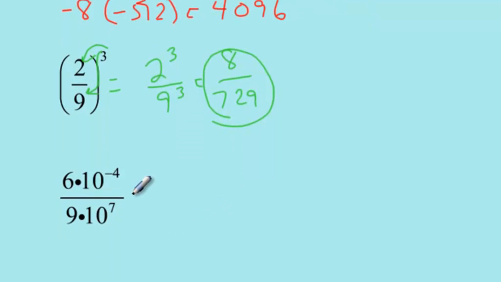And then finally this one, this is kind of like scientific notation, which we'll hit on a little bit later. But what I would want to do is group the 6 and the 9 and group the 10 to the negative 4th over 10 to the 7th, because 6 over 9 reduces to 2/3. That's pretty straightforward. These here, we have subtraction. When we see division, we subtract the exponents, and that's going to be times 10.